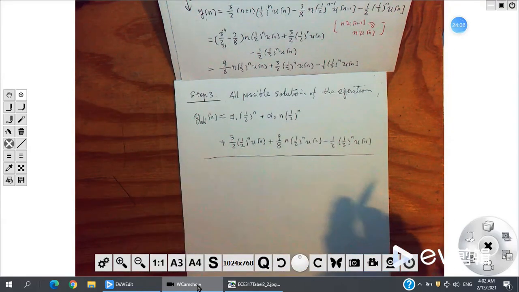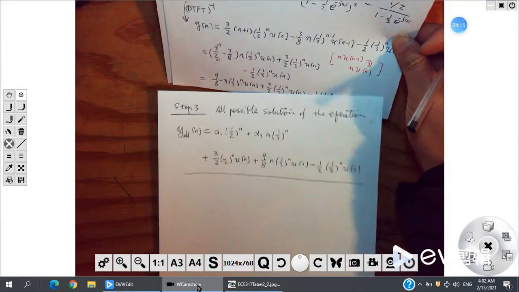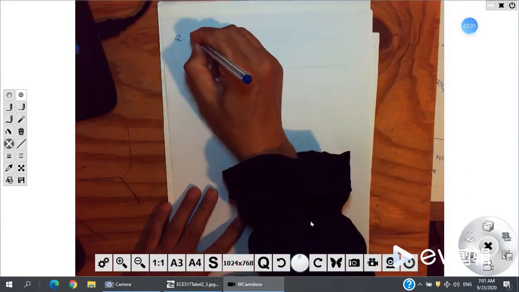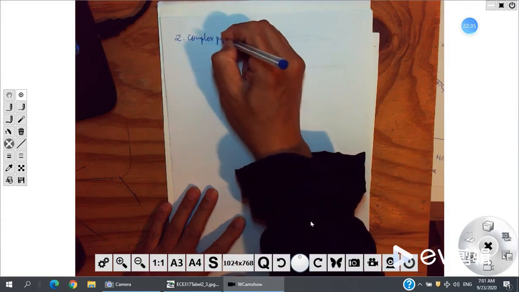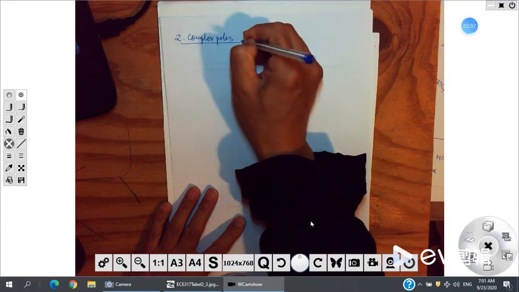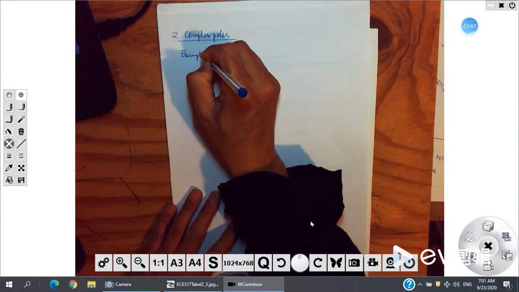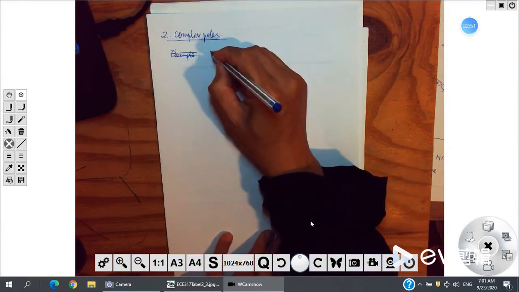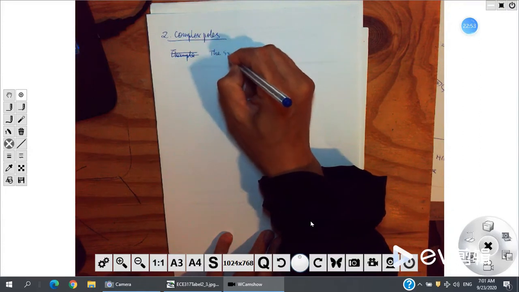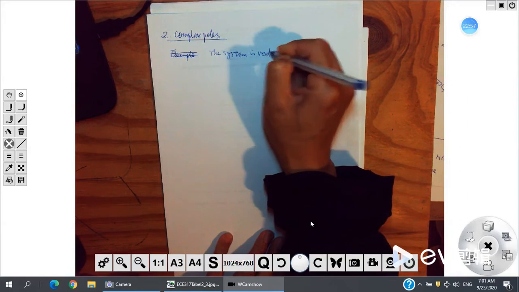And next, let's consider the case with complex poles. And I also use an example to explain it. Oh no, before example I need to do something. Okay, the system is a real system.